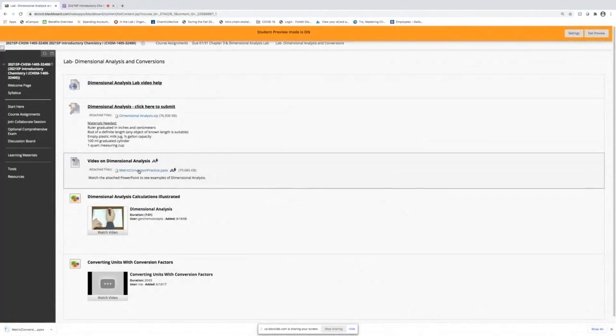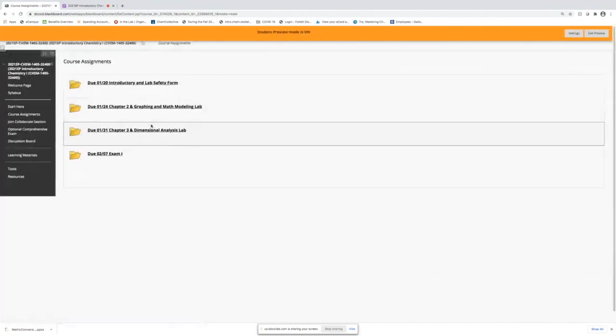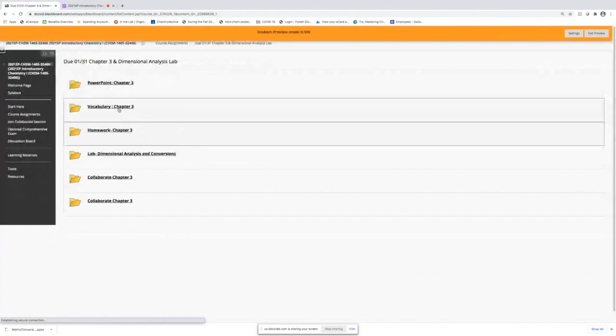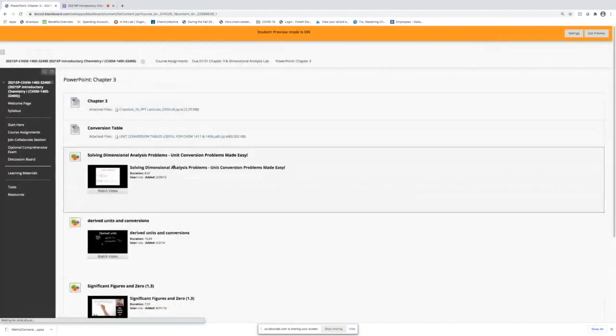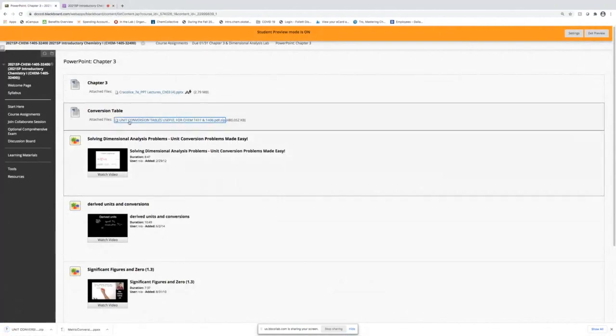The metric conversion is very important. So I suggested to you that you probably want to, oh, this is metric conversion. Sorry, hold on a second. I'm trying to find the conversion table. That's not what I'm talking about. There's a conversion table somewhere here, maybe with the PowerPoints. Oh, there. The conversion table. You see this one right here?